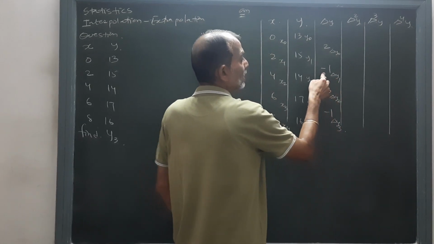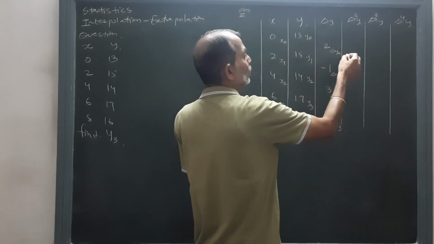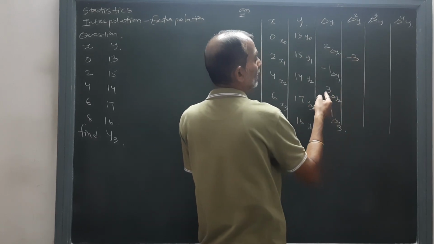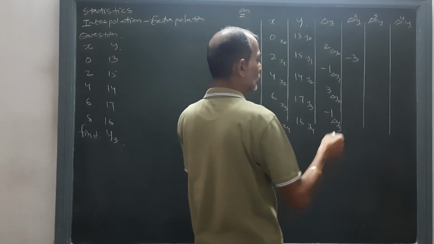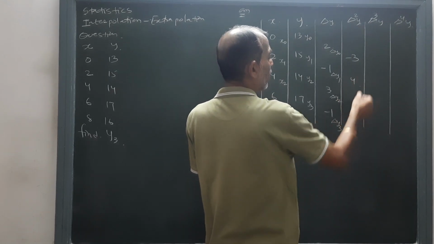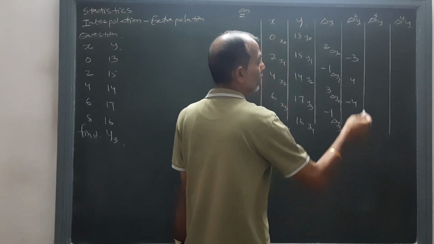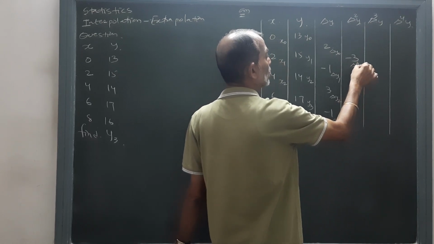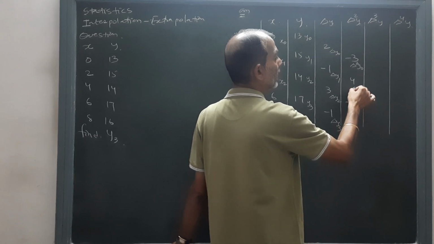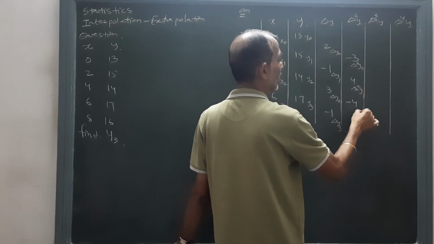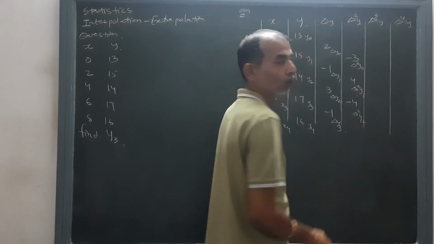Then after that, minus 1 minus 2, that will be minus 3. 3 minus minus 1, that will be 4. Minus 1 minus 3, that will be minus 4. Now this is delta square y0, delta square y1, delta square y2.